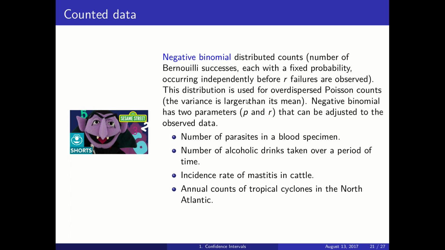So if you have counted data for which the mean and the variance do not have the same value, you need some other distribution that has at least two parameters so that you can adjust them to explain the mean and the variance. The negative binomial is very much used for that reason. For instance, it has been used to explain the number of parasites in a blood specimen, the number of alcoholic drinks taken over a period of time, the incidence rate of mastitis in cattle, or whatever other count, as long as you need different means and variances.